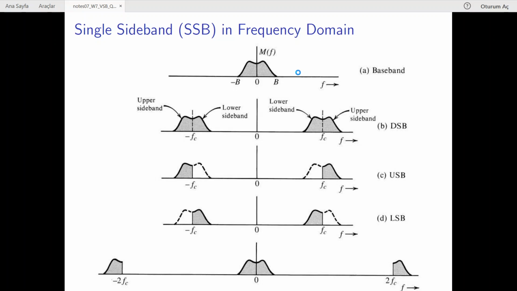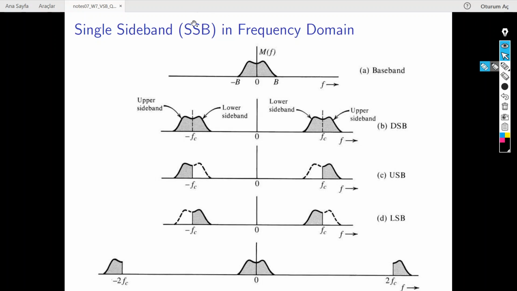So what do we do if we want to modulate it in single sideband? We just take the signal itself and multiply it by a carrier, let's say cosine 2 pi fc t. And what does the carrier do to the signal? It just shifts the baseband signal to a higher frequency component, fc, positive and negative.